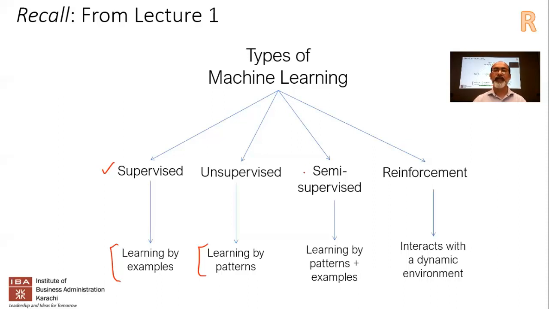And then we spoke about semi-supervised learning, where it's sort of a combination of the two. When you look at more specific examples of this, you'll get a better idea of what semi-supervised is. And then there is reinforcement learning, which is actually what we looked at earlier. If you think about what MDPs were doing, that was an example of reinforcement learning.